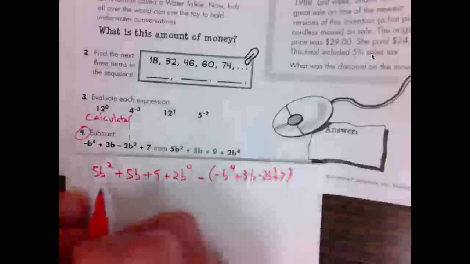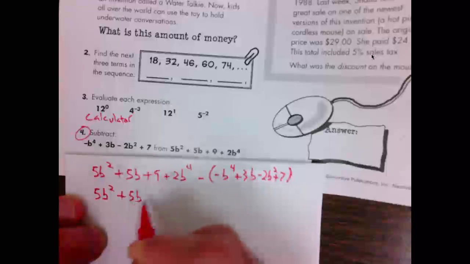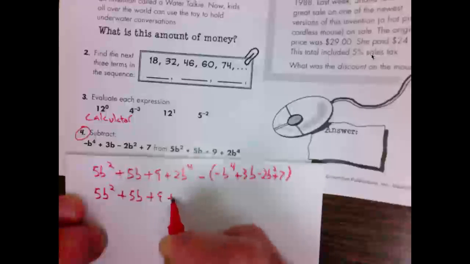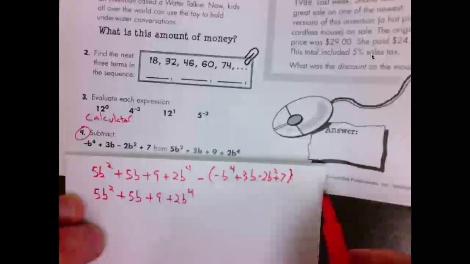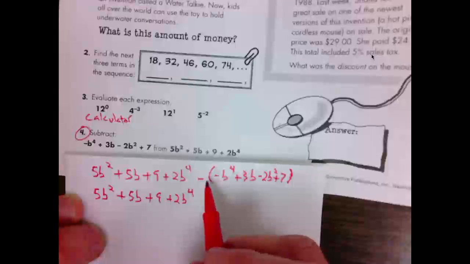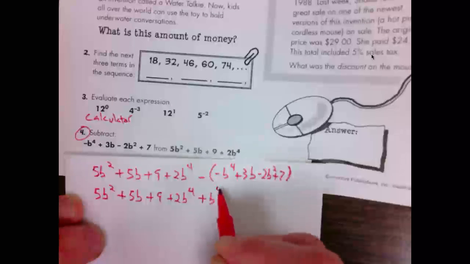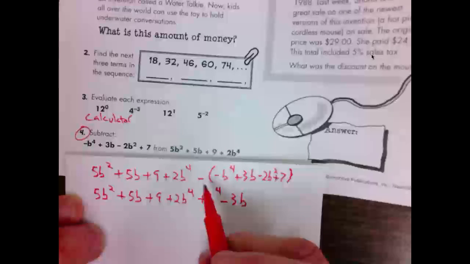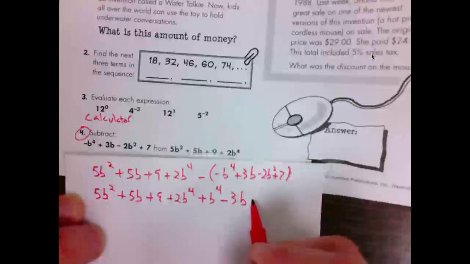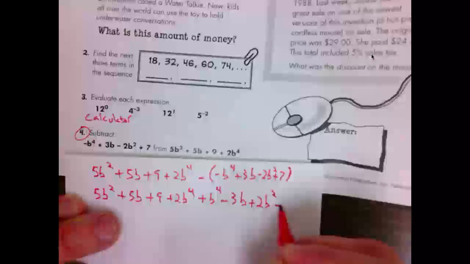So everything in front of the subtraction will remain the same. Changing all of the signs behind the parentheses, negative b to the 4th becomes positive b to the 4th. Plus 3b becomes minus 3b. Minus 2b squared becomes plus 2b squared, and plus 7 becomes minus 7.